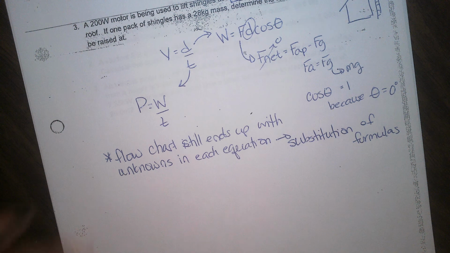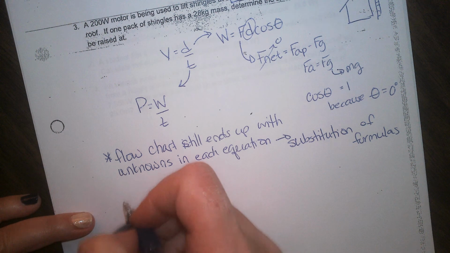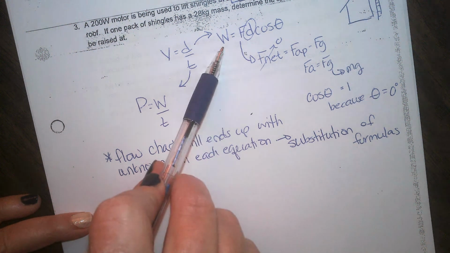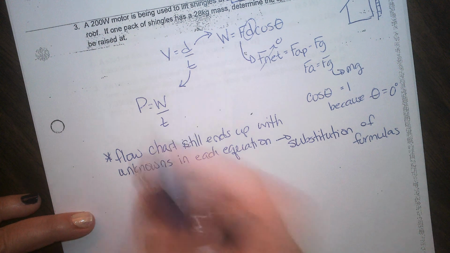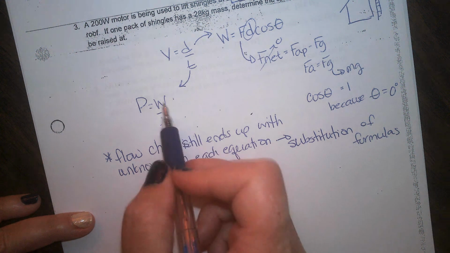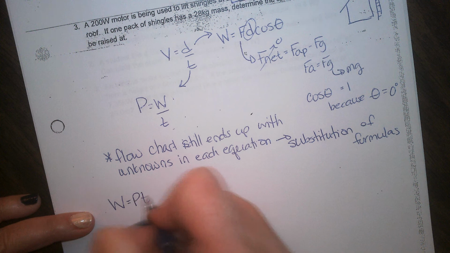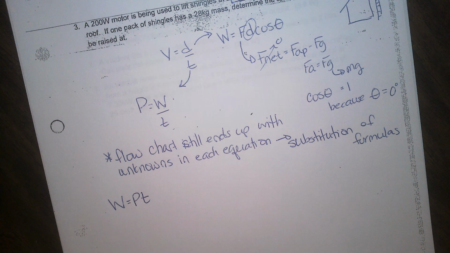So if I was to solve for, what's the unknown here that we don't have? Work. So let's take this formula here and solve for work. Work is equal to power times time. Okay?